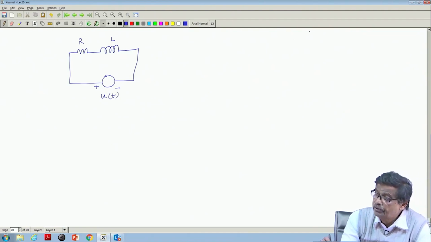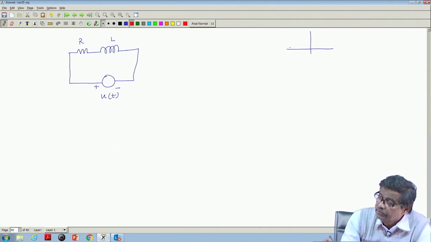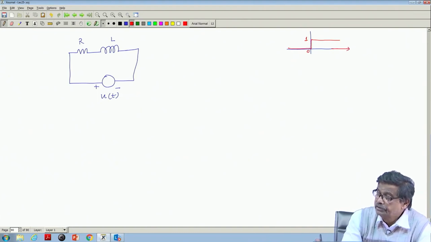What is the nature of the voltage? Nature of the voltage, as you know, it was 0 all along up to t equal to 0, then there is a step jump of 1. So, you are applying a DC voltage across the network from t equal to 0, is not?